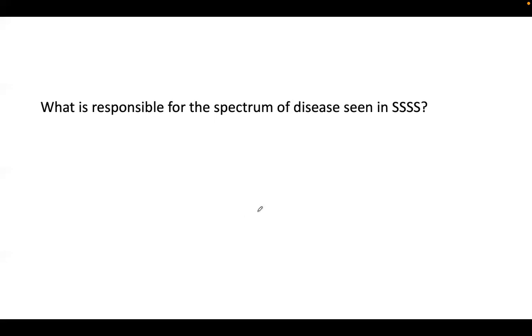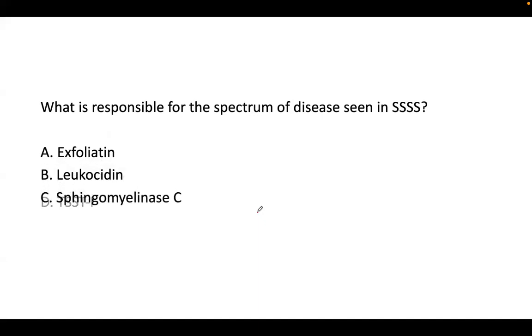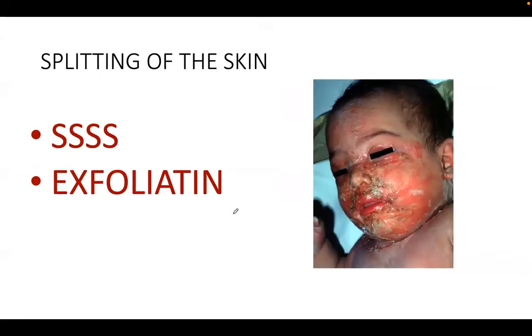What is responsible for the spectrum of disease seen in SSSS? This is an easy one. Very good. We, of course, have exfoliating toxin. Next, what is the most common cause of mastitis?